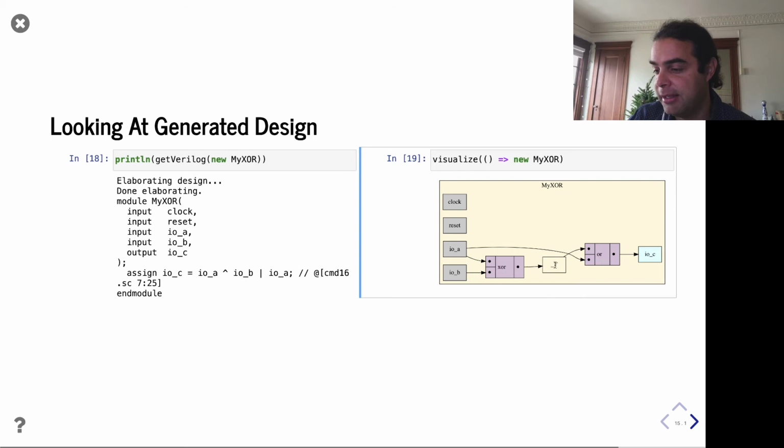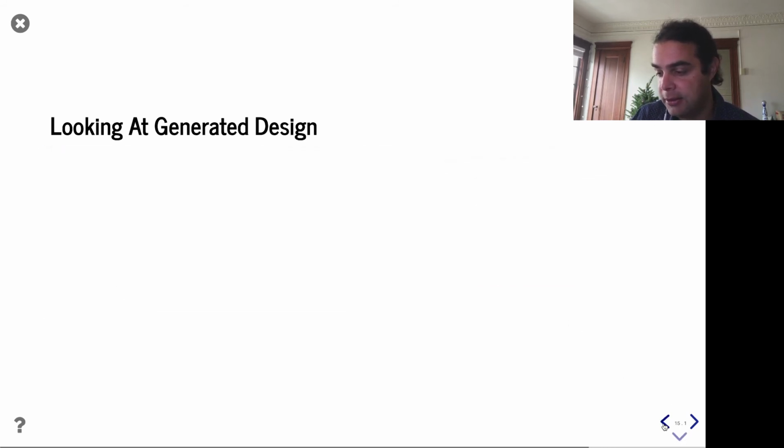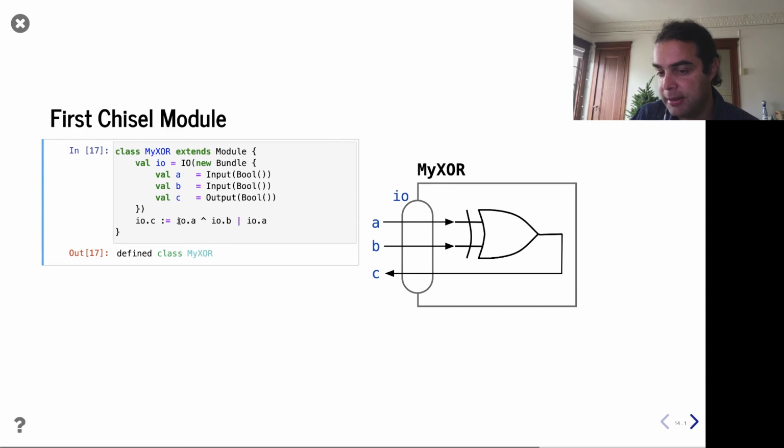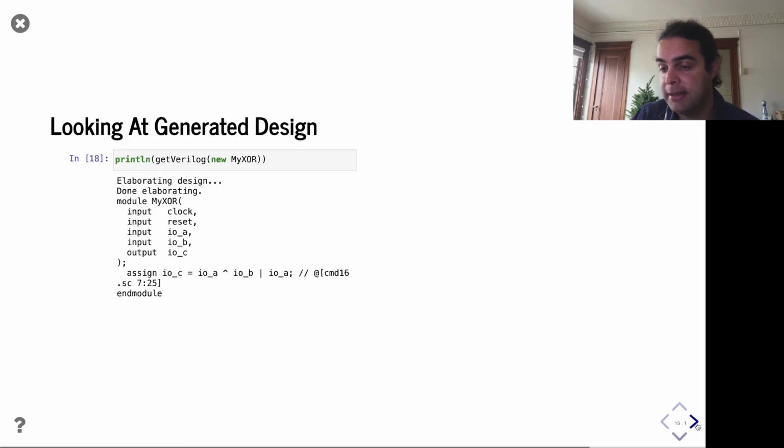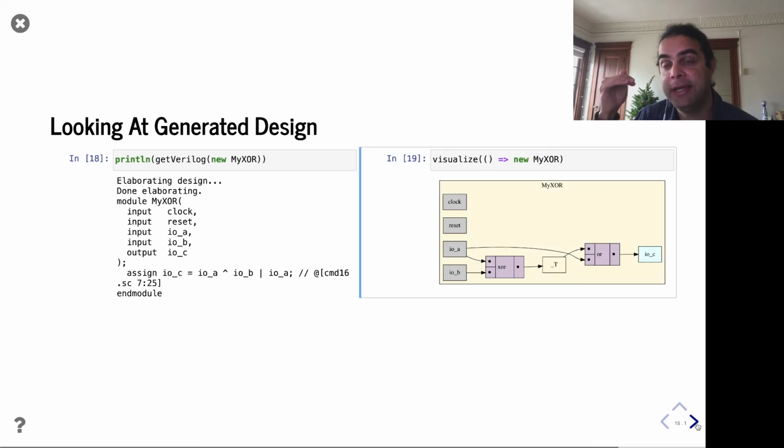So oftentimes, the Chisel compiler is very, very cautious, very, very careful, and it will create intermediate steps. So even though in the original code I didn't declare multiple variables, I just attached this directly, the Chisel generated version is very careful, and it does things one operation per line.